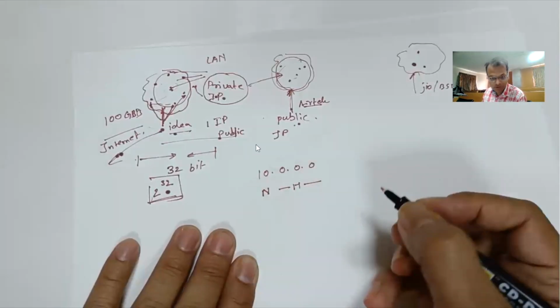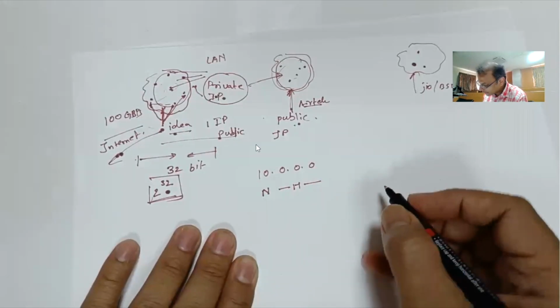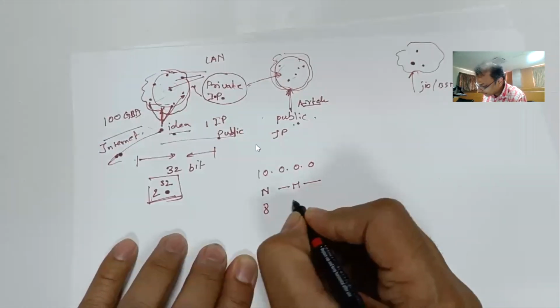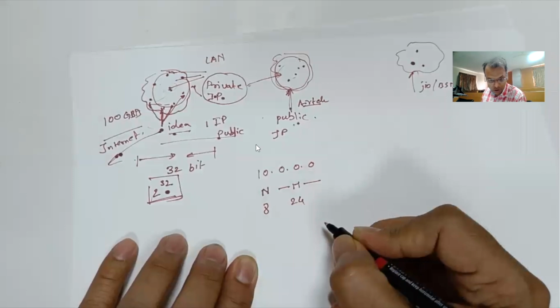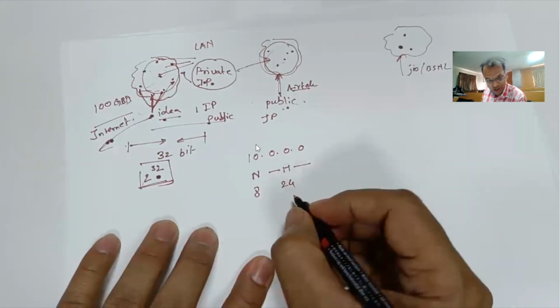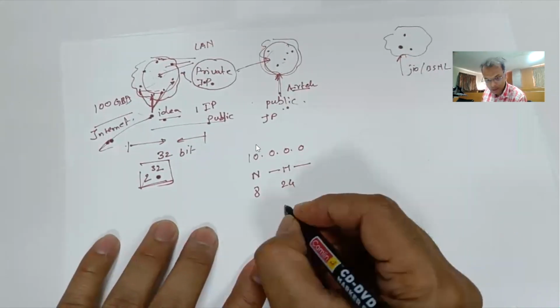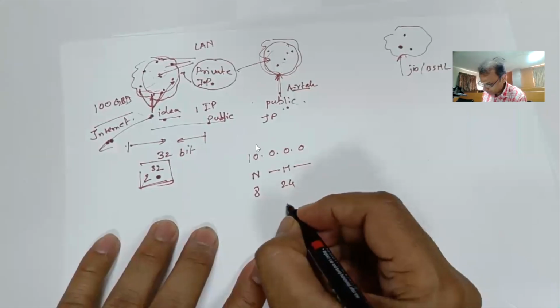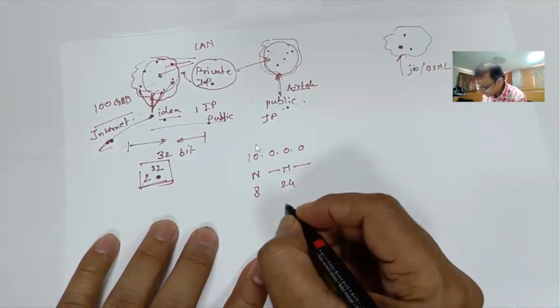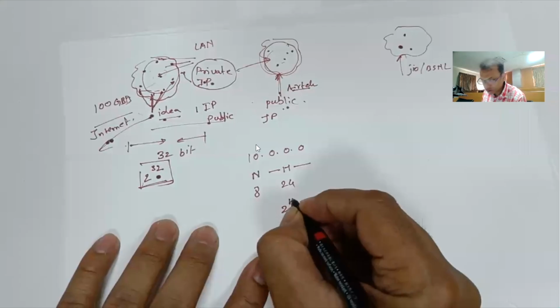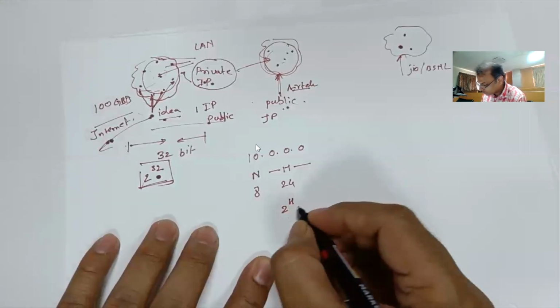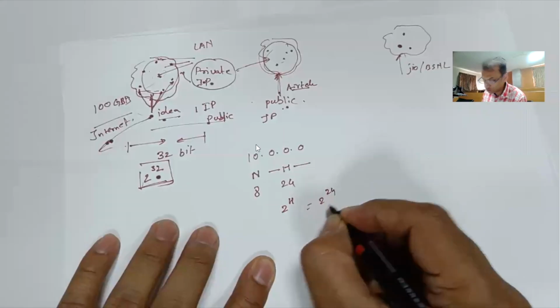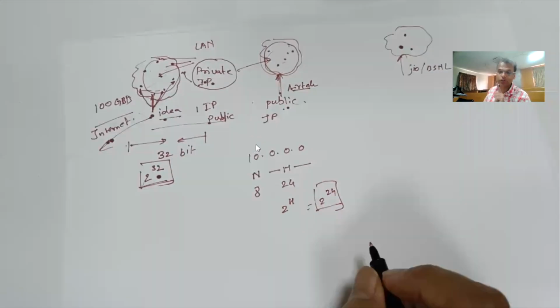What is the scheme of class A? It has 8 network bits and the remaining 24 host bits. So how many private IP addresses do you have? It is 2 raised to the number of host bits, that is 2 raised to 24. This is the hypothetical number. It is not 2 raised to 32.